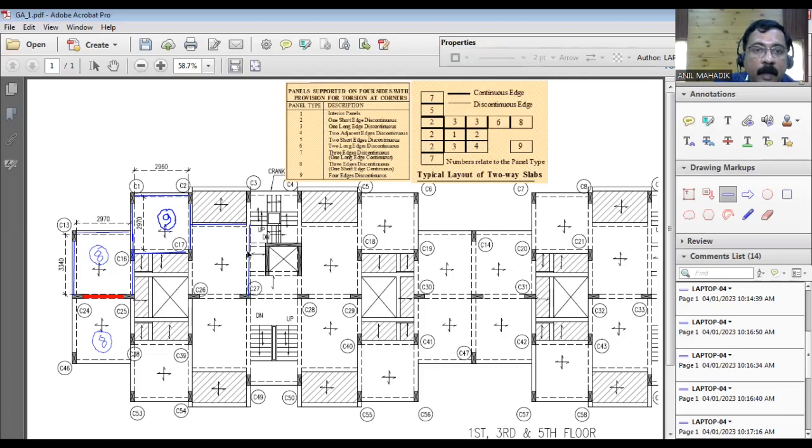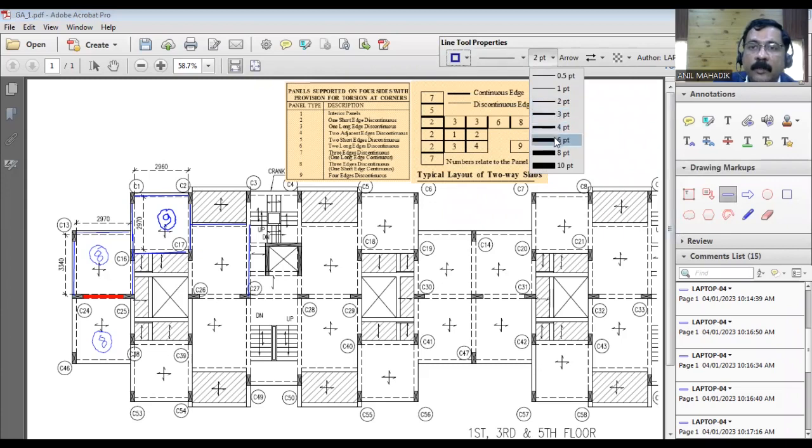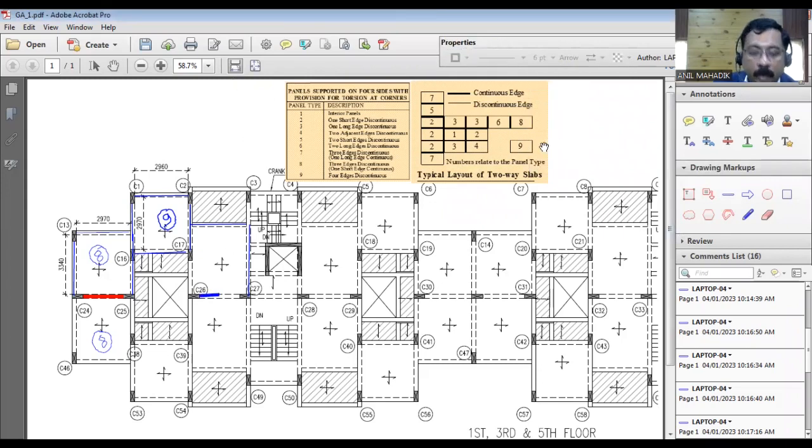Okay. Then here you can say there is a slab over here at one level, and this I can assume as a continuous edge. Let's show it in red color. So this is your continuous edge.